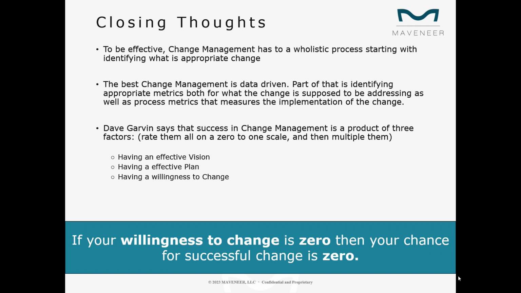From 0, which is an ineffective vision or non-existent vision, to just an awe-inspiring, emotionally positive generating vision. And an effective plan about how you're going to get from here to there. 0 is no plan, or a very, very bad plan. 1 is excellent. And then finally, willingness to change. And if any one of those is 0, and we're multiplying these, then your probability of success is 0.